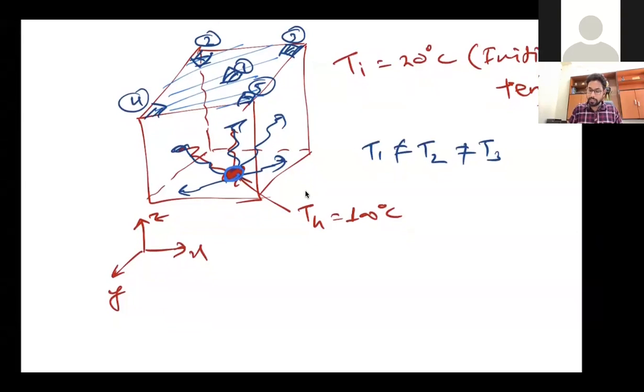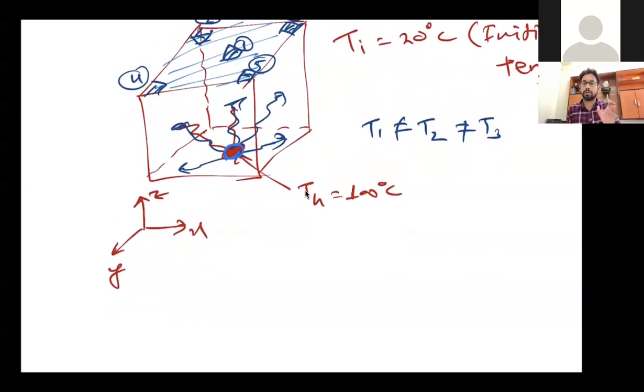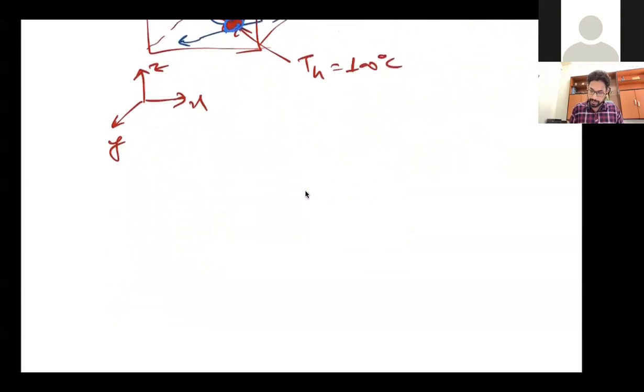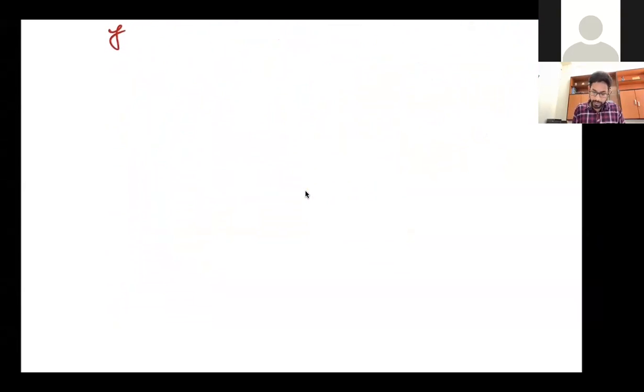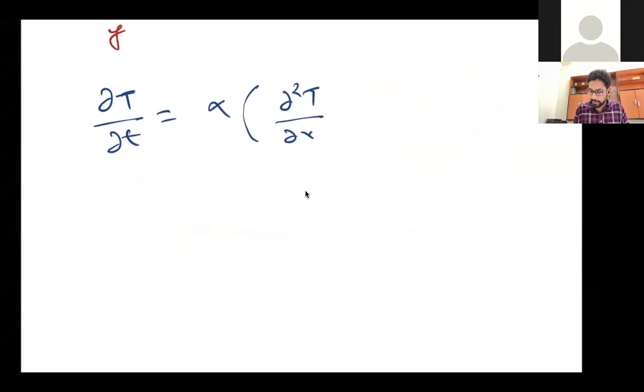This is why you need to consider heat conduction modeling in three dimensions. For that we need to extend the transient heat equation that we saw before: alpha times d square T by dx square plus d square T by dy square plus d square T by dz square.